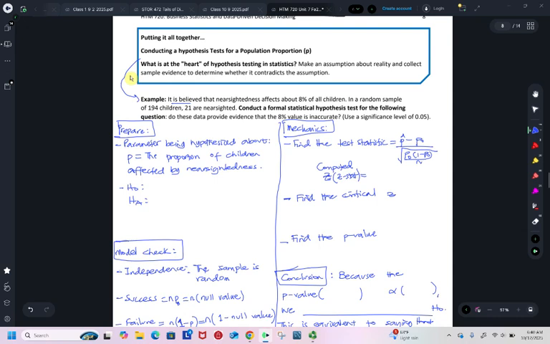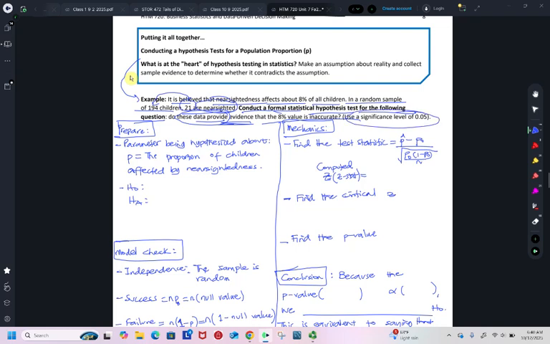It is believed that nearsightedness affects 8% of all children. In a random sample of 194 children, 21 are nearsighted. Conduct a formal statistical hypothesis test for the following question: does this data, 21 out of 194 being nearsighted, provide evidence that the 8% value is inaccurate?